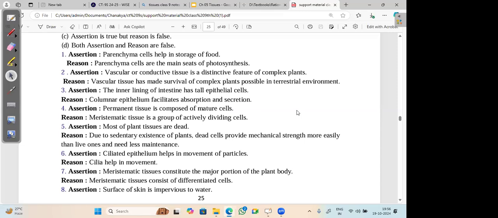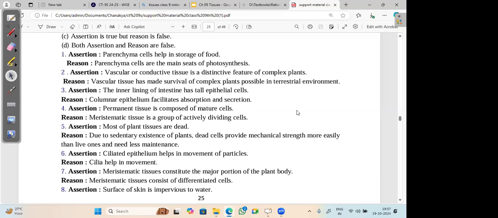Now do question 4. Permanent tissue is composed of mature cells. Is it correct? Yes, sir, it is composed of mature cells. Reason: meristematic tissue is a group of actively dividing cells.